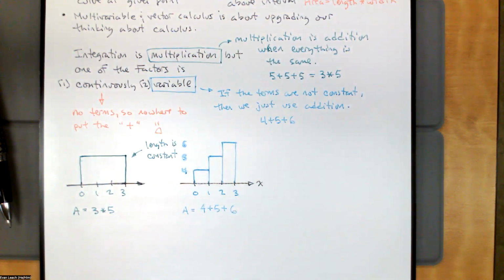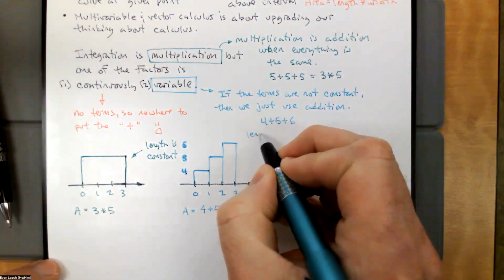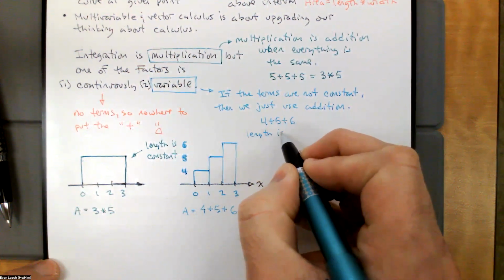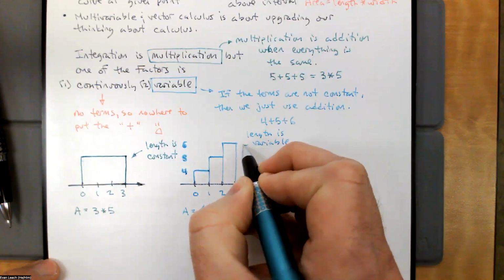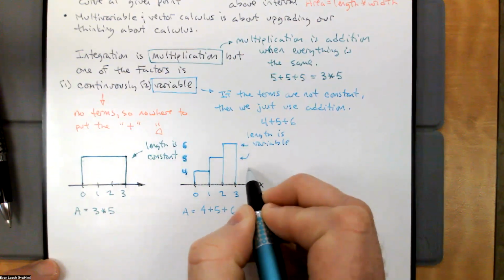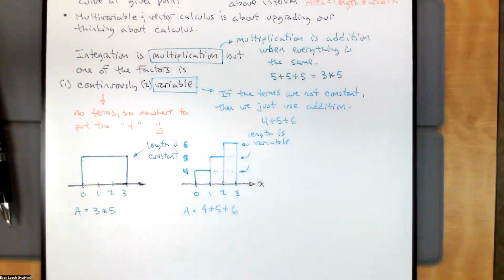I wasn't able to use multiplication on the whole thing because the length was variable. There's 3 different lengths. The length is variable. Didn't get to use multiplication, just use addition.